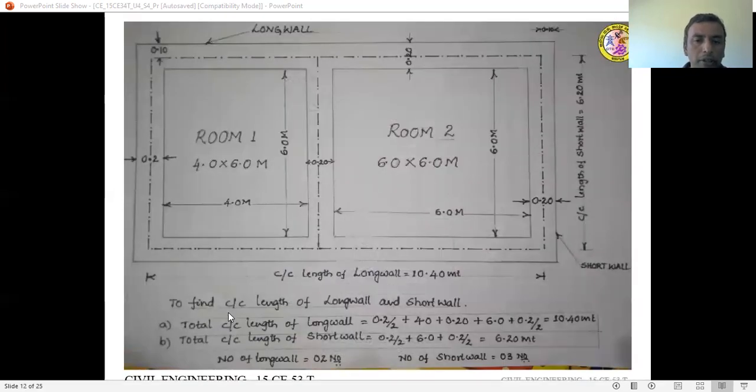Okay, here first you have to find out the center to center length of both the long wall and the short wall. Total center to center length of the long wall is measured from this corner point to this corner point. The width of the wall is given as 0.2 meter. First you have to take half of the width of the wall, 0.2 by 2.